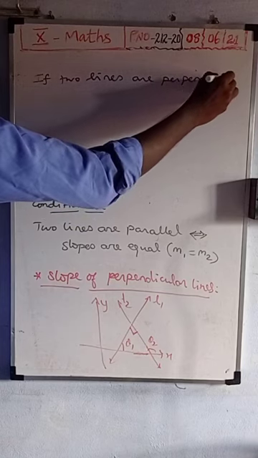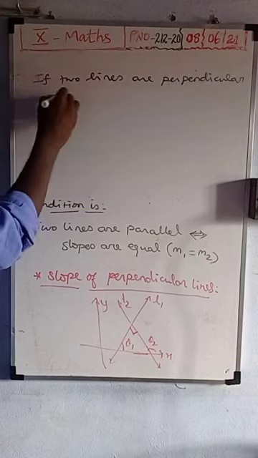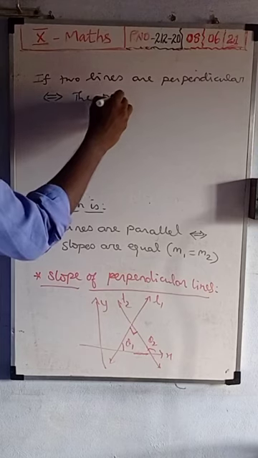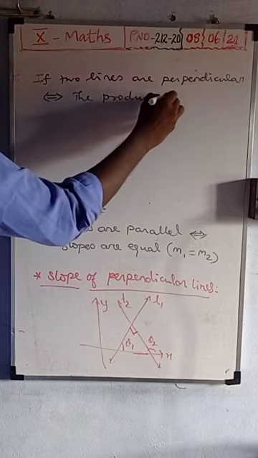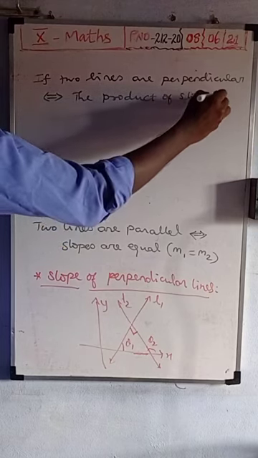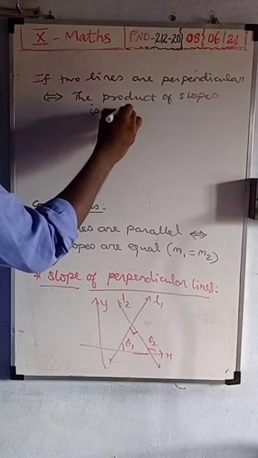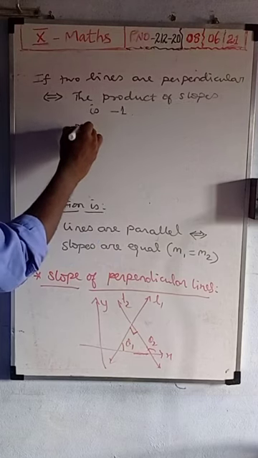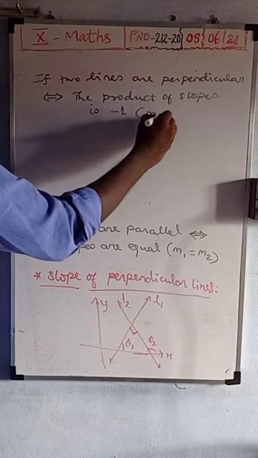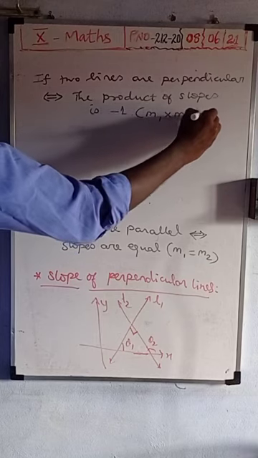If two lines are perpendicular, then the product of the slopes is -1, that is m1 into m2 is equal to -1.